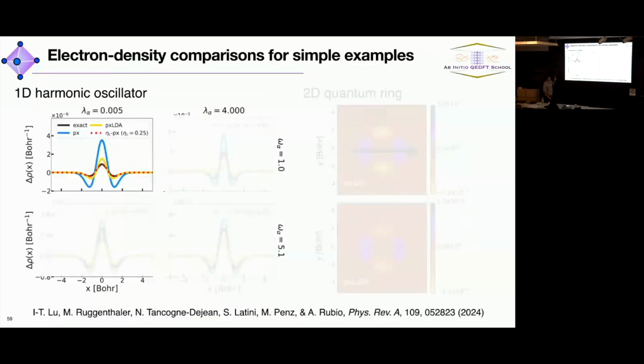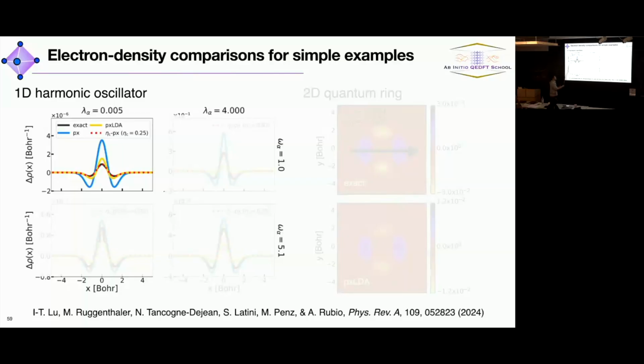Here we take the 1D harmonic oscillator. We compute the electron density outside the cavity. And if we put a 1D harmonic oscillator inside a cavity, we can get another potential. The potential shown here is the potential difference between inside and outside the cavity.